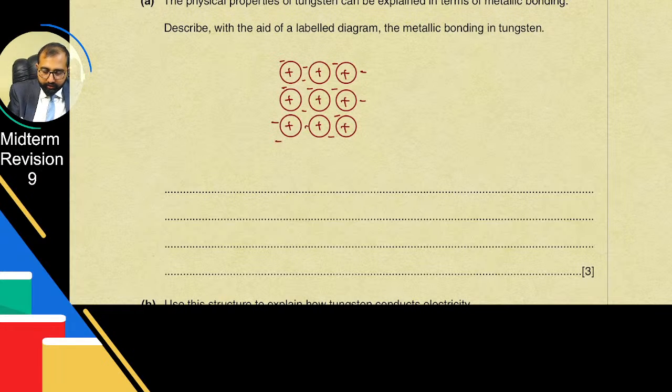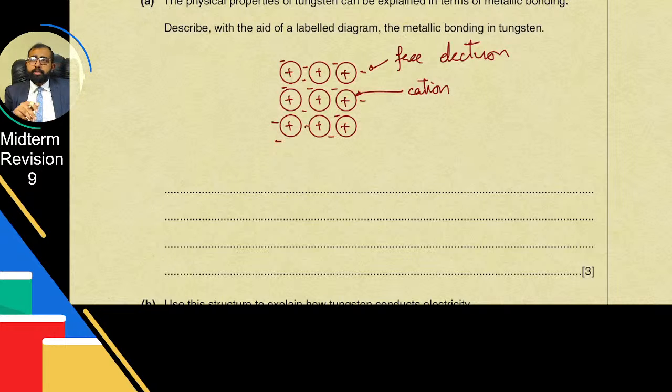So we'll say that this is free electron, and this one is cation. So clearly what you have done is you have shown 3 layers of cations that are obviously in fixed arrangement and free electrons that are randomly scattered. So this is clearly the structure of most metals.